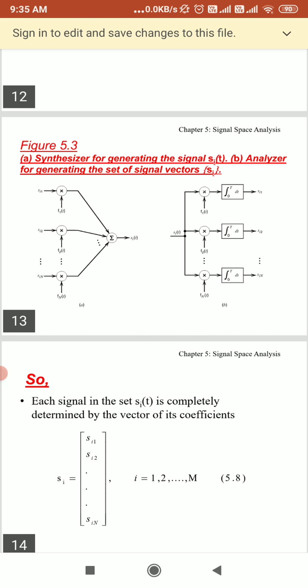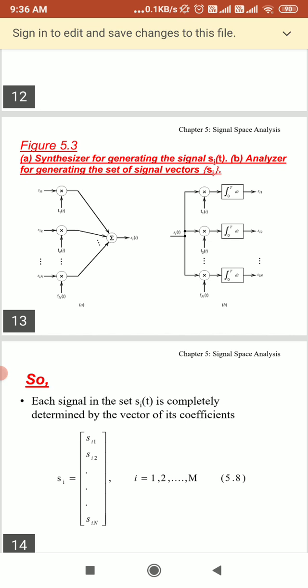Which equations? Our equations Sij equal to the integration from 0 to T of Si of t phi j of t. And if you see the first diagram, it is the pictorial description.